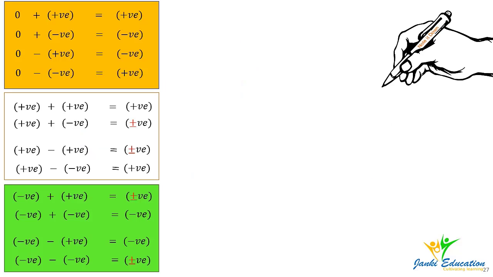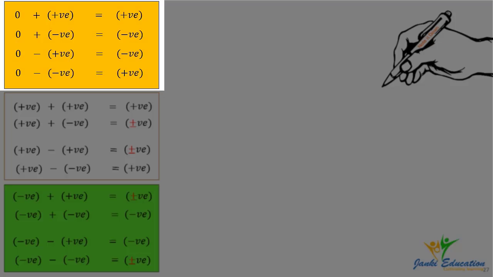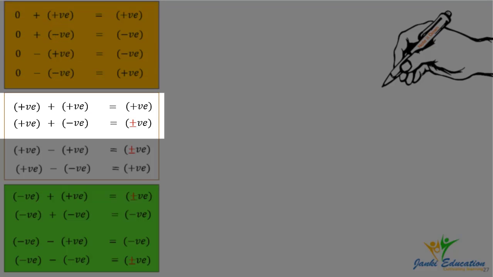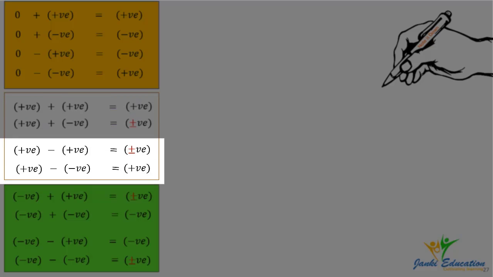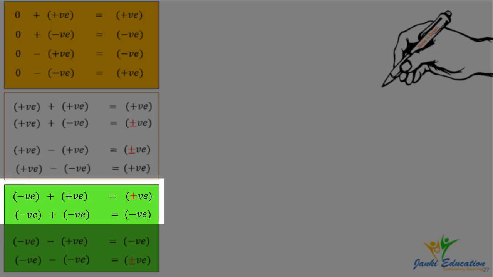Listen. First we have seen operation of positive integer and negative integer with 0. Then we have seen addition of positive integer with positive and negative integer. Then we have seen subtraction of positive integer with positive and negative integer. Later on, we have seen addition of negative integer with positive and with negative integer itself.